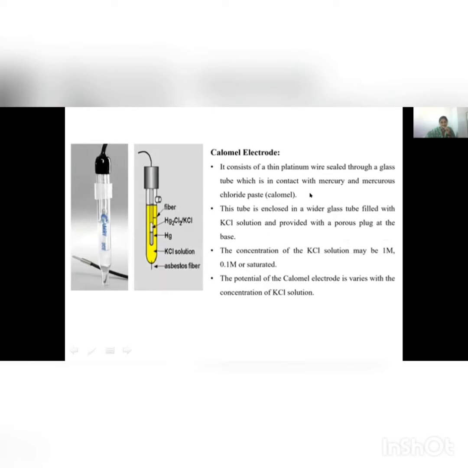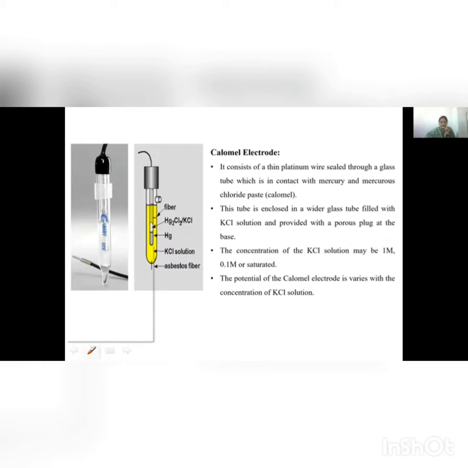This half cell can be coupled with any other reference electrode. We know that another reference electrode is the hydrogen electrode. So this calomel electrode can be coupled with the hydrogen electrode, and finally we get the EMF of the cell. From the EMF of the cell, we have to find out the pH of the solution.